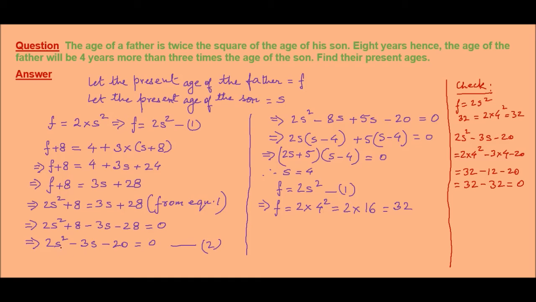If we put 4 for S, we see that this quadratic equation is being satisfied. So our answer is correct. The present age of the son is 4 years and the present age of the father is 32 years. So the final thing that remains is the writing of our answer.